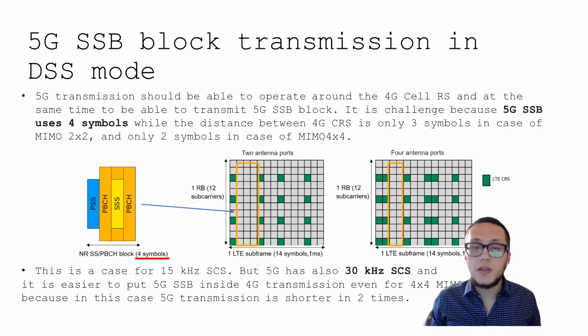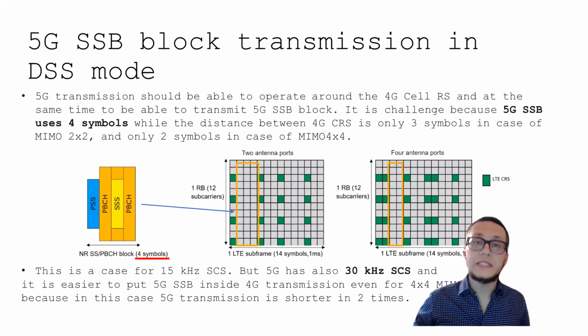There is not enough space between the 4G cell reference signals, the green signals in my example. Even for the case of MIMO 2x2 and even more so for MIMO 4x4, there is even less space for SSB transmission. But we all know that the 5G SSB block can be transmitted with different subcarrier spacing, with different numerology.